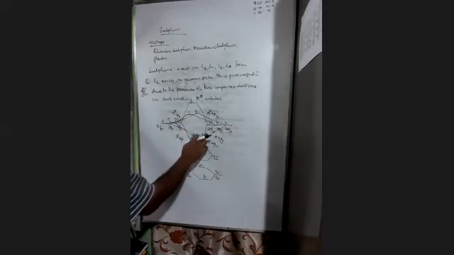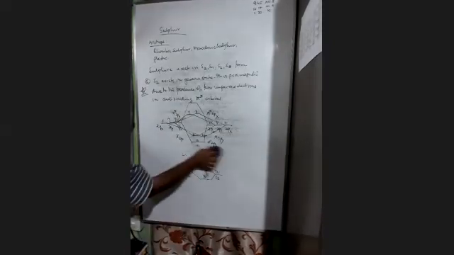But when you go for sulfur, then it will be 3px, 3py, 3pz. Forget about this bottom one. So in that case, what is going to happen? This is for oxygen, so let me rub the bottom portion.